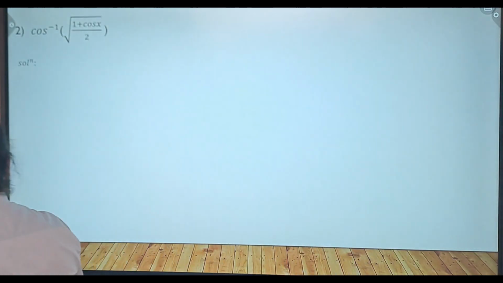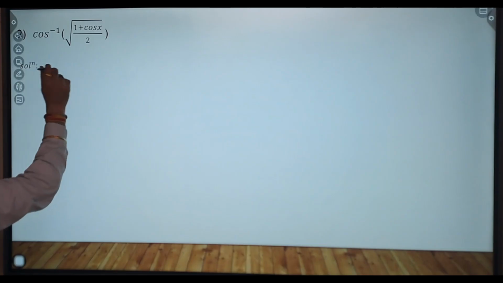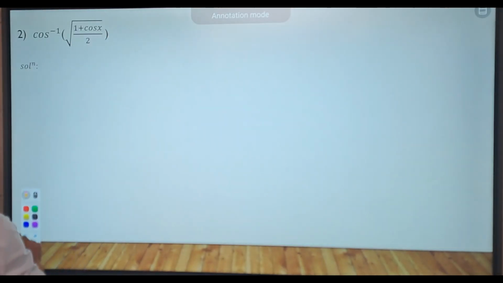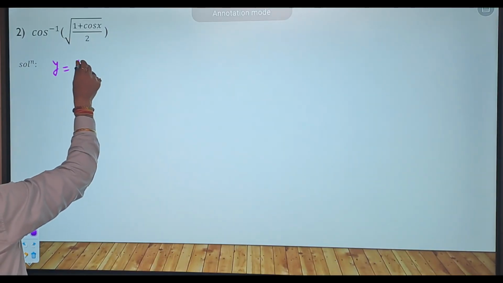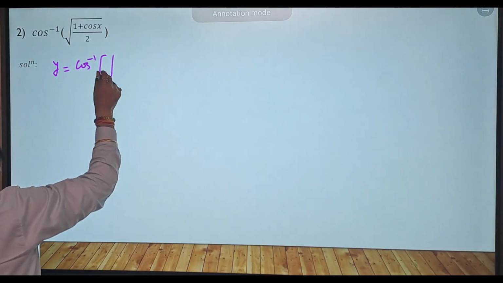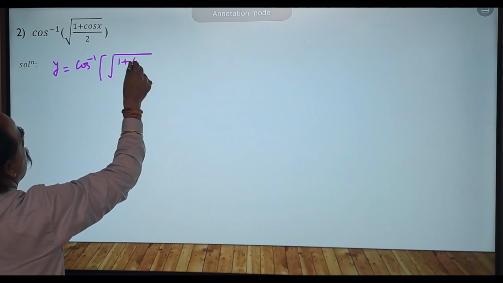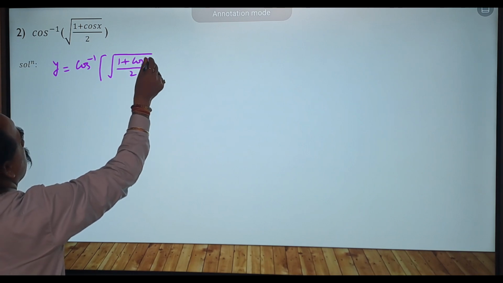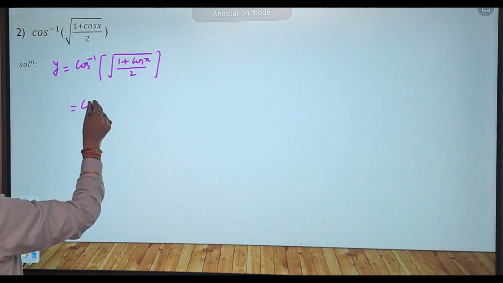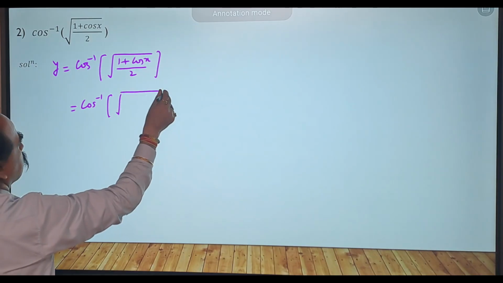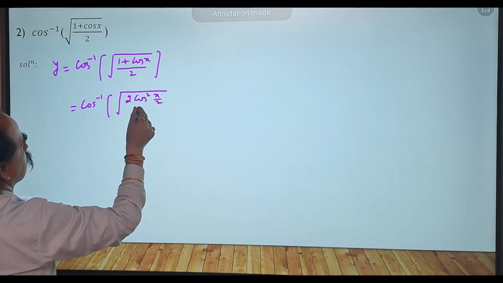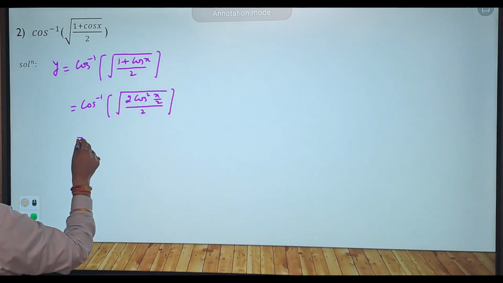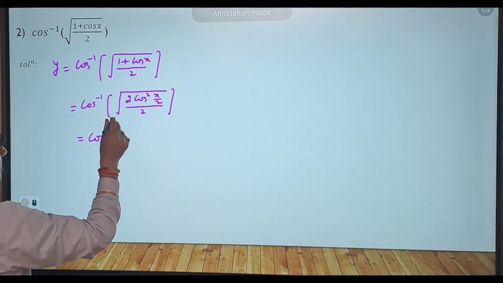Cos inverse root 1 plus cos x is what? 2 cos square x by 2. 2 cancel.